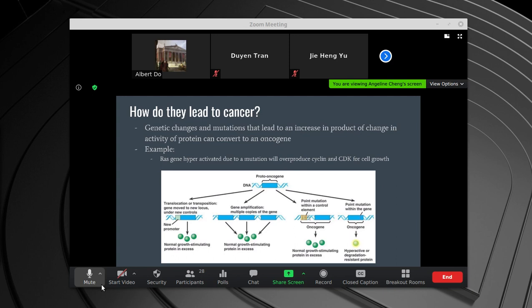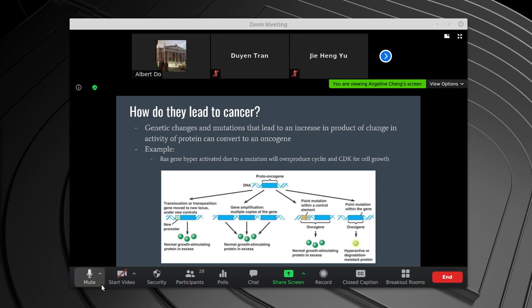So for proto-oncogenes, they are changed or converted into oncogenes through mutations, and then these bypass the checkpoints. When the RAS gene in this example is activated, it normally would bind and then trigger intracellular phosphorylation, and then it would create the cyclin and CDK, right?